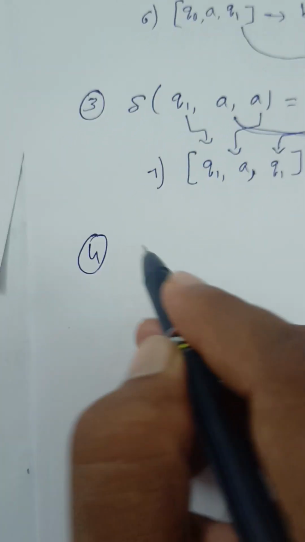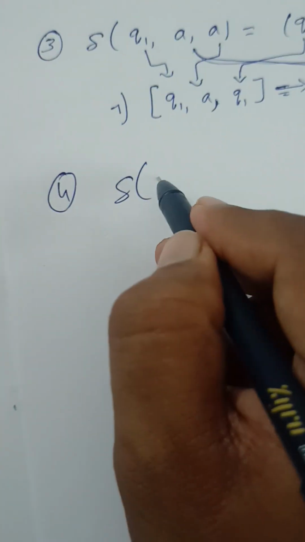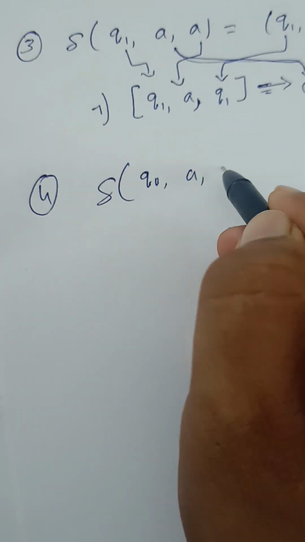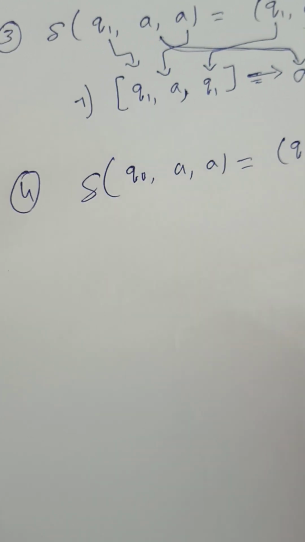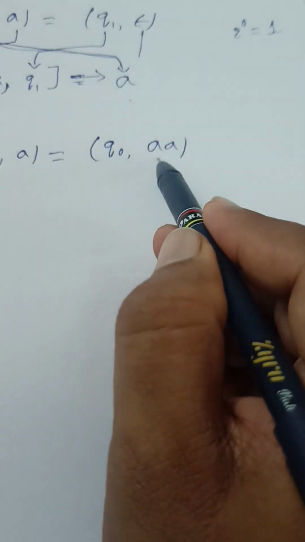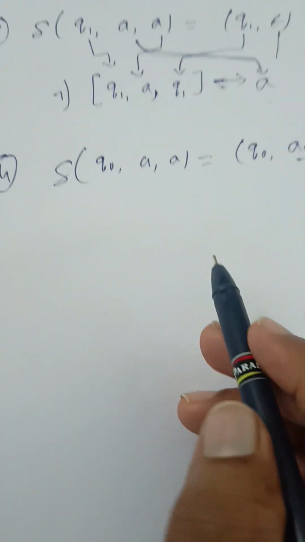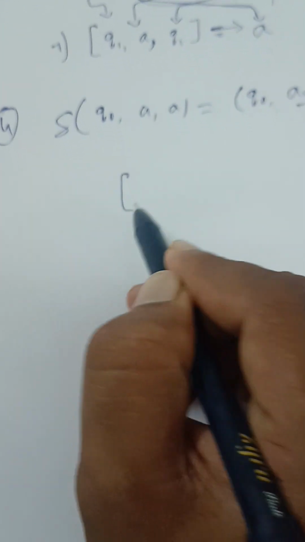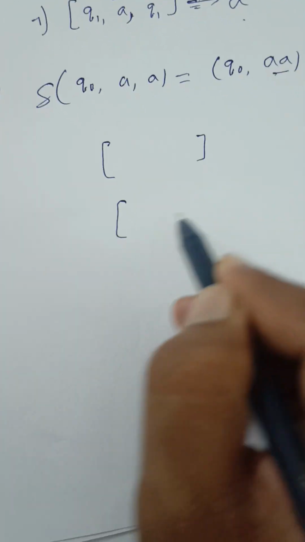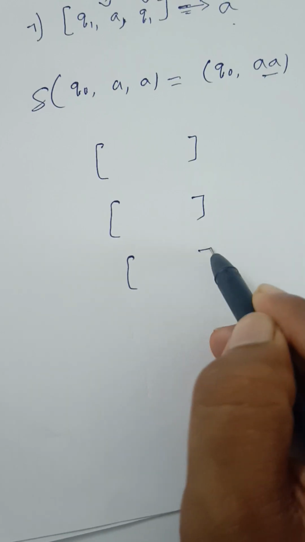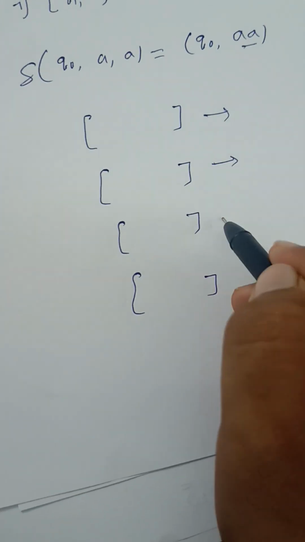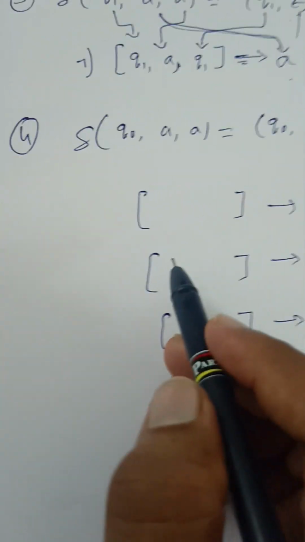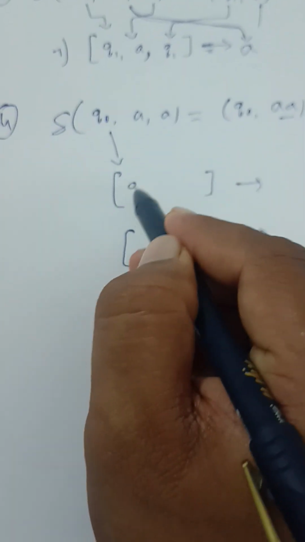Now we will consider the 4th transition function, that is delta of q naught comma a is equal to q naught comma a. Okay, so here we get the 4 production rules, because 2 characters are there. Okay, so what is the first field? q naught is the first field.